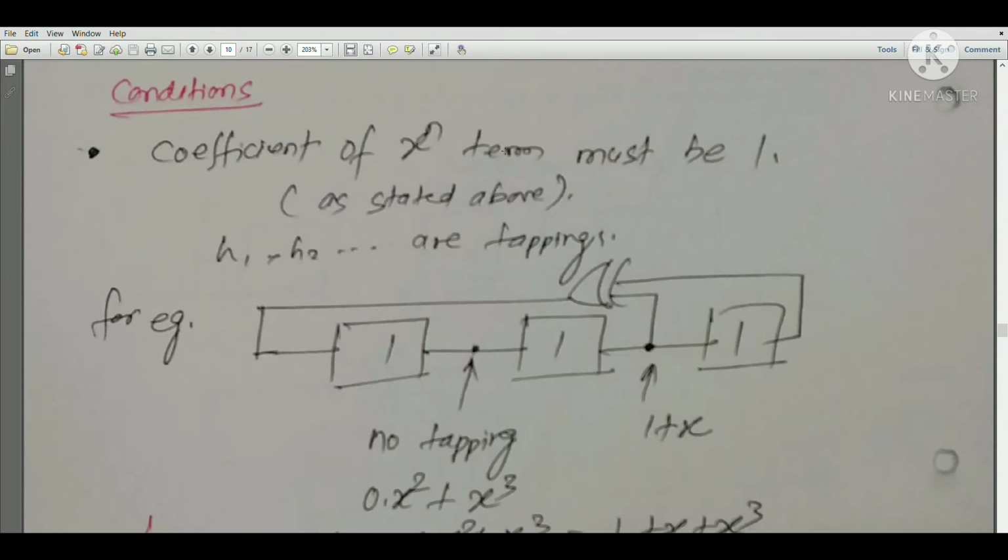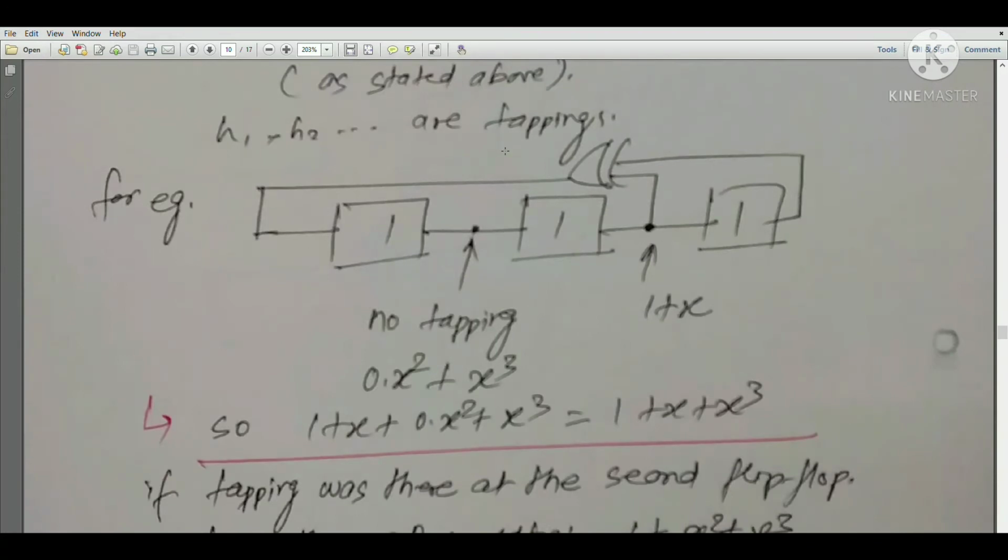h1, h2 are tappings, as I just told you. Now suppose we are talking about this particular logic. If I want to write the polynomial for this, I have to write 1 plus x. Here there is no tapping, so I will have 0 into x square, plus x cube for the third logic.